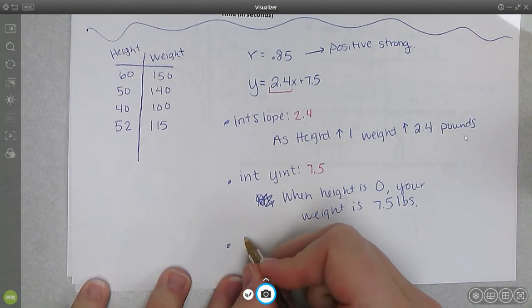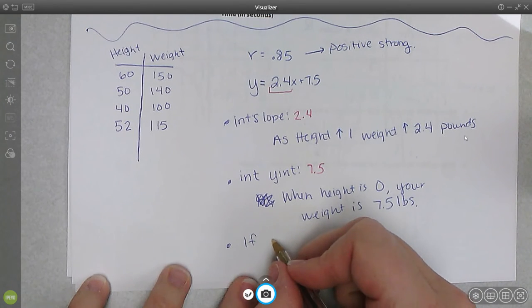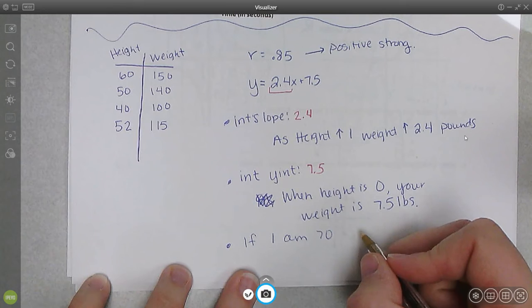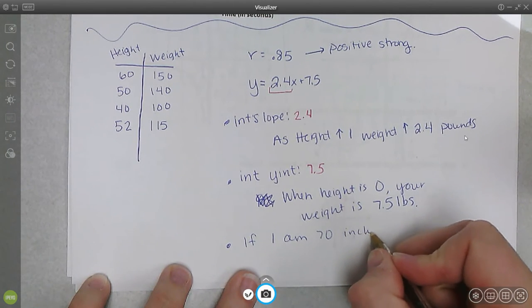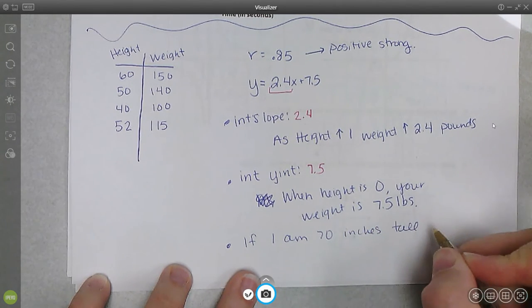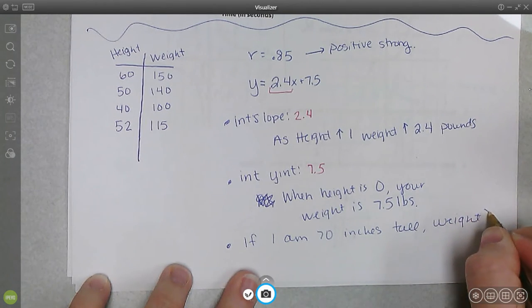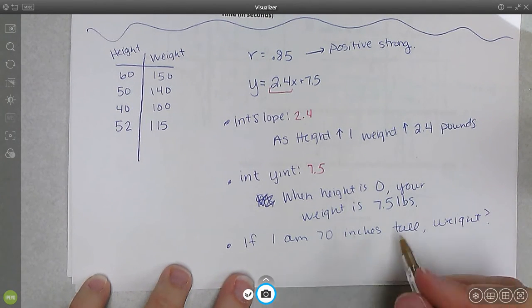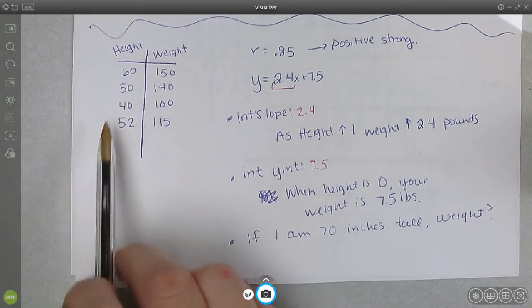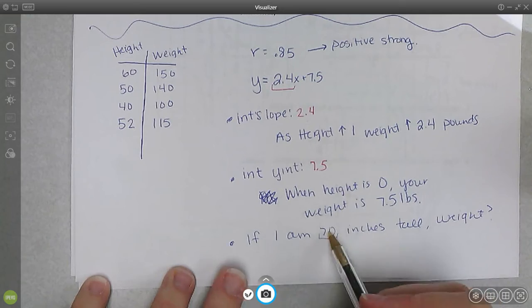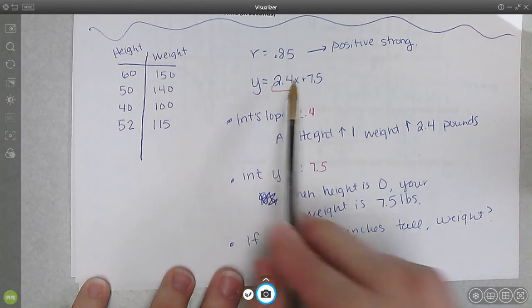And then the last question, let's just say if I am, we'll go with somebody tall, 70 inches tall, how much do I weigh? So 70 inches tall, so that's a height, so that's an x value. So I take this 70 and I put it in for this x value here.